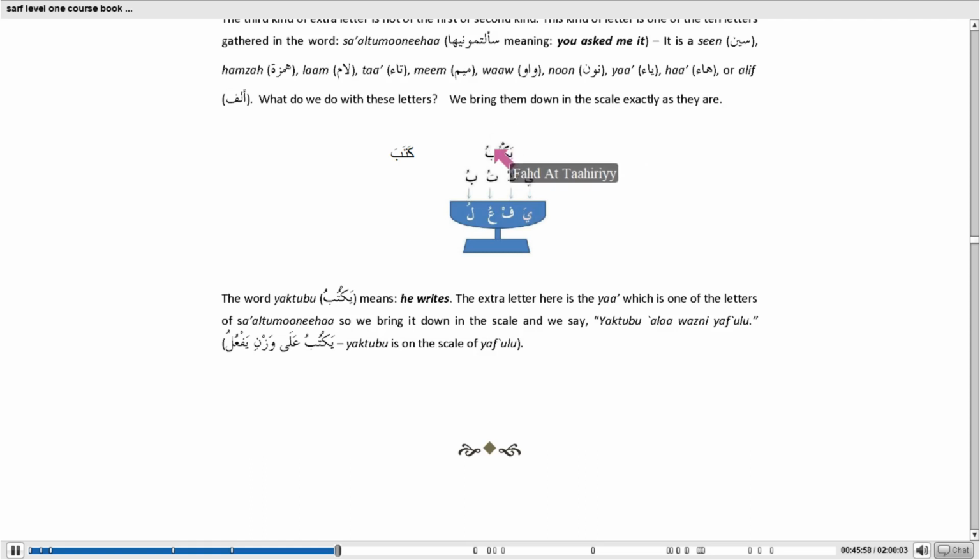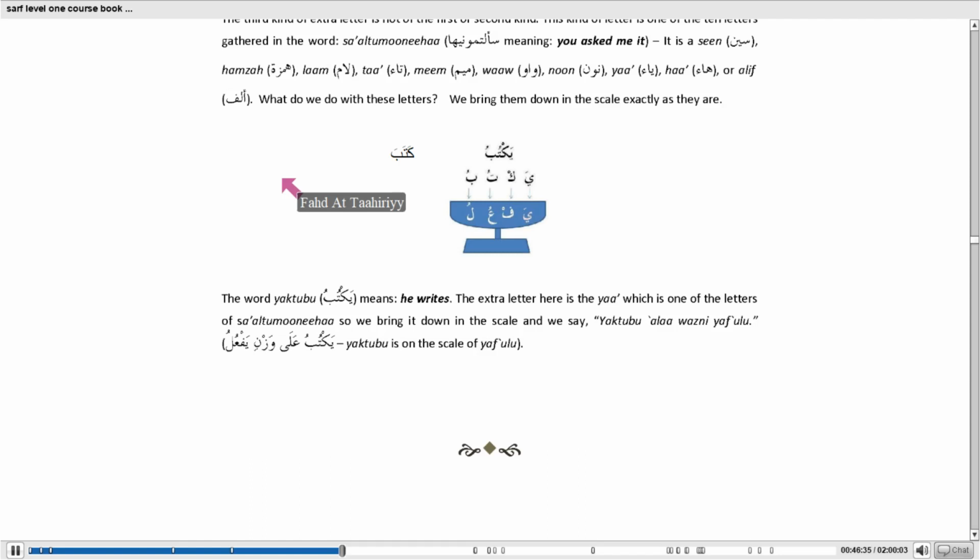The ya got added because the way to turn a madi, a past verb, into a present one is to add a letter in the beginning. And you will learn, inshallah, soon that there are four particular letters that could be added in the beginning to turn the madi into a mudari'.